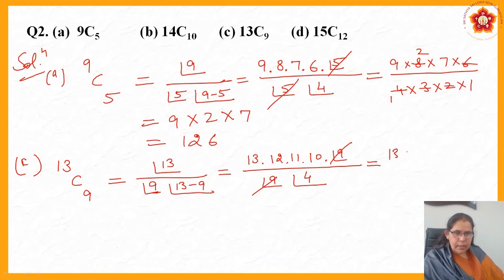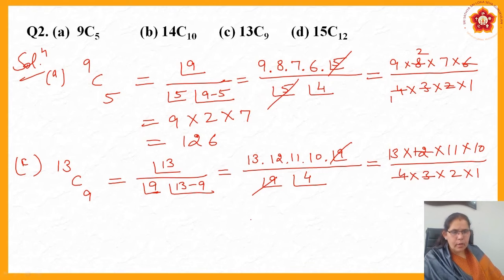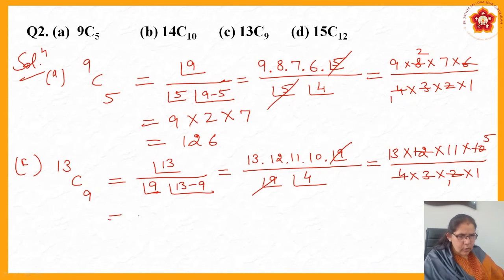This 9 factorial gets cancelled. We are left with 13 into 12 into 11 into 10 divided by 4 into 3 into 2 into 1. Now 4 3s are 12, so 12 gets cancelled. And what do we have then? 2 can get cancelled with 2 5s are 10.